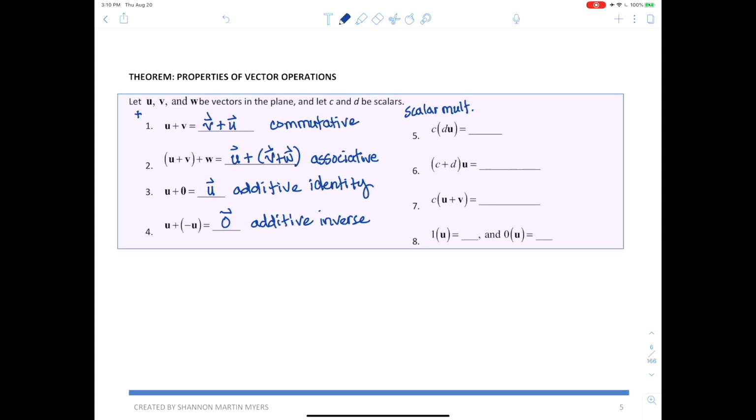So under these multiplication ones, the scalar C times the scalar D times vector U would also be equal to C times D times the vector U, and that is associative. The sum of C plus D times the vector U is equal to C times U plus D times U. That is distributive.